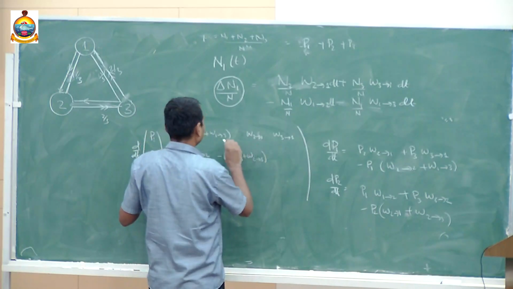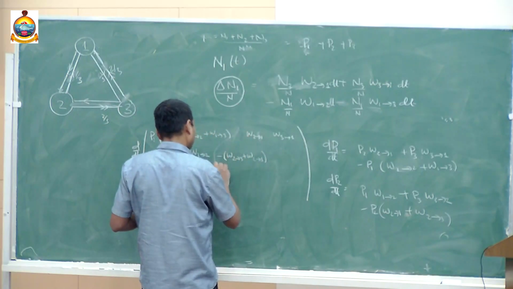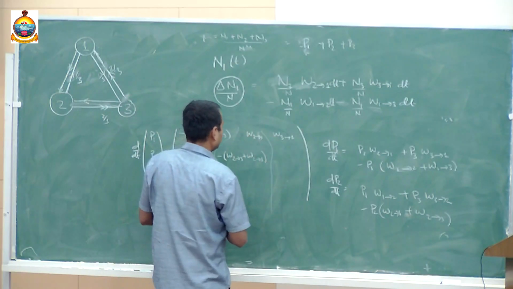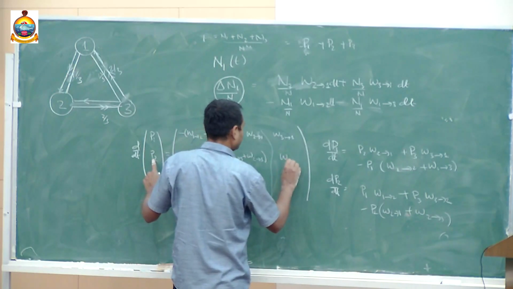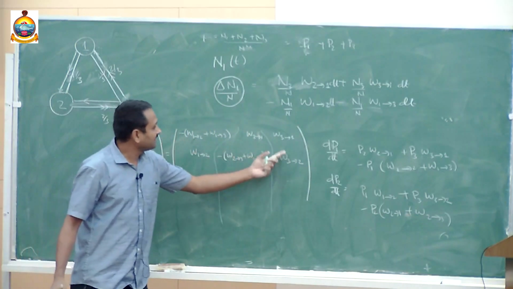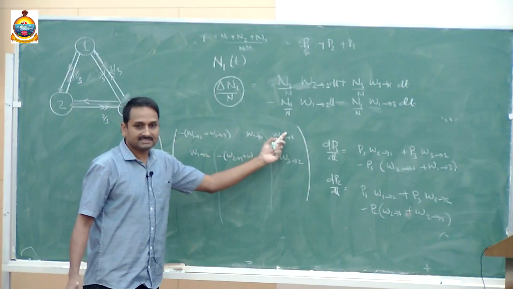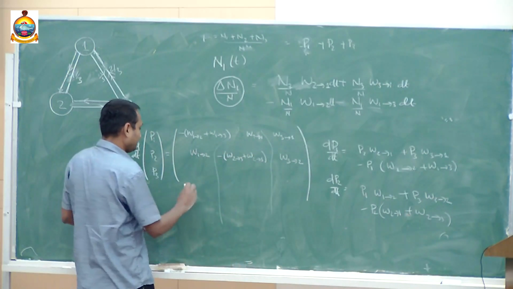And the third one: you want to come to 2 from 3, so w3 to 2. So these are gain terms, and the diagonal contains all the loss terms, okay.